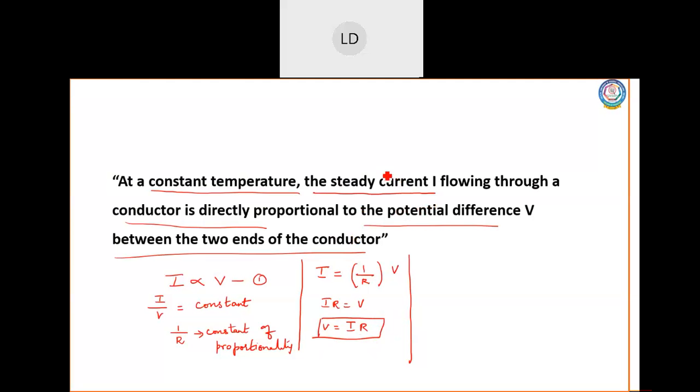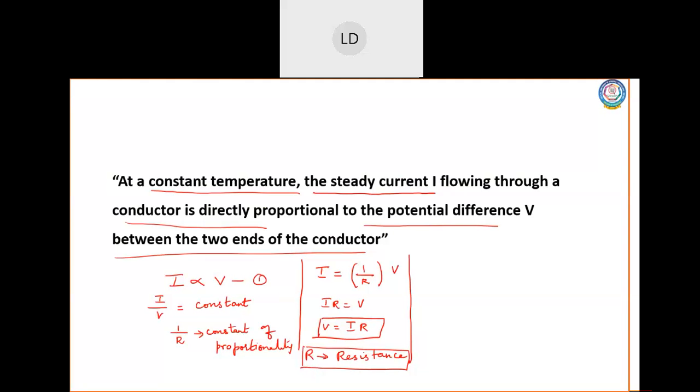So resistance R is nothing but the resistance of the material. It depends on the material you are using. It is not the same for everyone. It is different for different materials. So if you change the conductor, you will have some other value of current, so R is nothing but the resistance of the material.